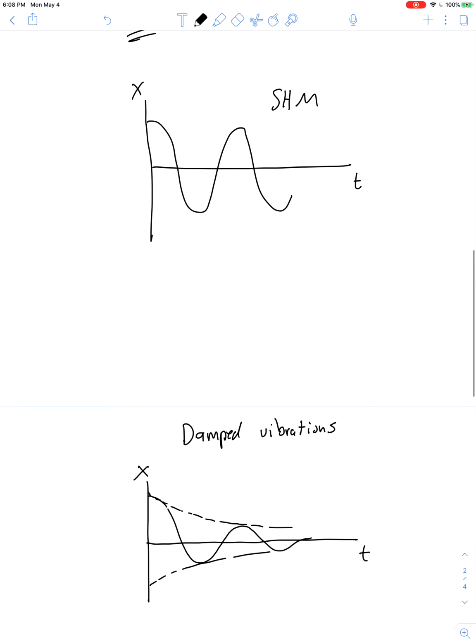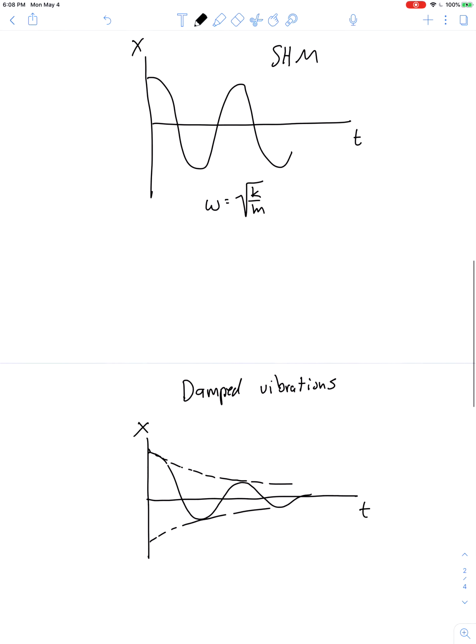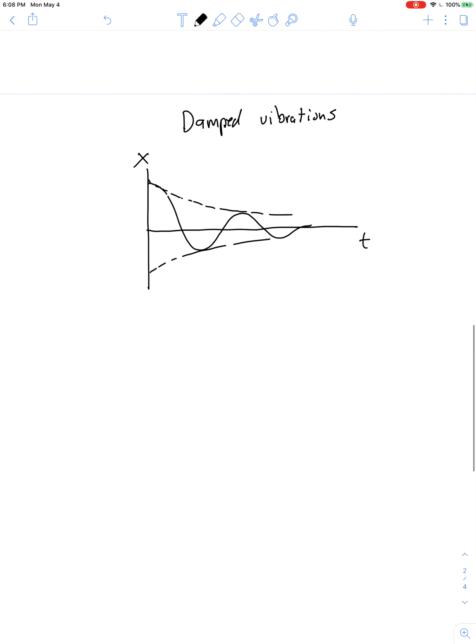Now the frequency, if it represents a simple mass on a spring system, is the square root of k over m in radians per second. In this case, the frequency is equal to the square root of k over m minus b over 2m quantity squared.